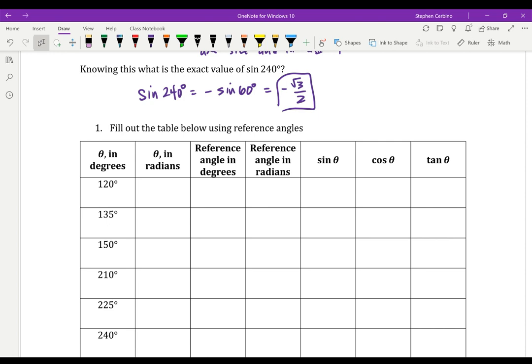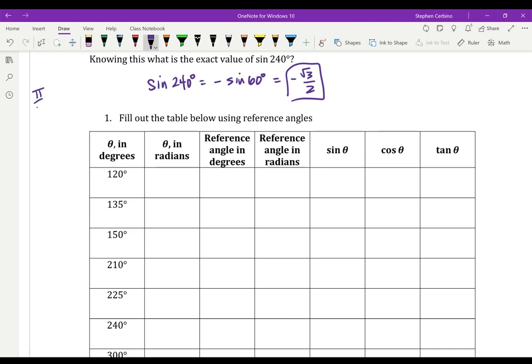A couple of values that we should know from yesterday's lesson: pi over 3 is 60 degrees, pi over 4 is 45 degrees, and pi over 6 is 30 degrees. The reason why these are important is if I have 120 degrees, I essentially have 2 pi over 3s. So this value in radians is 2 pi over 3.